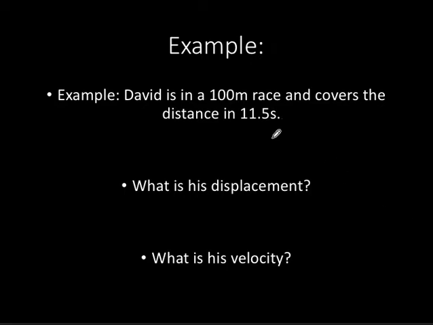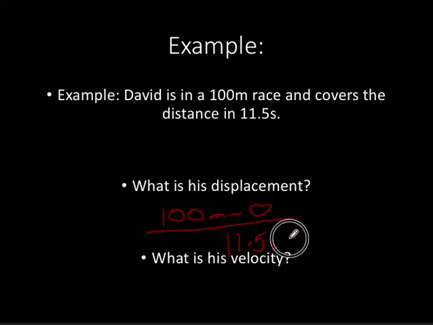So his final position, his final displacement is 100 meters, take away 0, which is what he started from, divided by 11.5 seconds, which is his final time, take away his initial time, which was 0. And so this equation just ends up being 100 meters divided by 11.5 seconds.